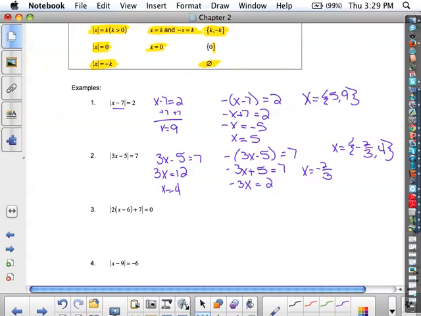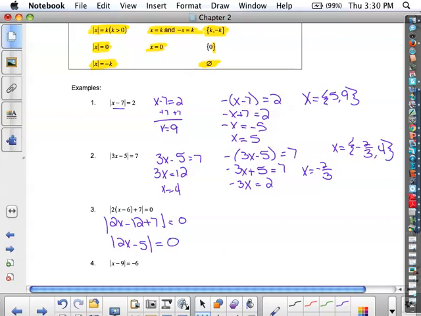You can just go ahead and, inside the absolute value signs, multiply 2x minus 12 plus 7 equals 0. So then you have the absolute value of 2x minus 5 equals 0.